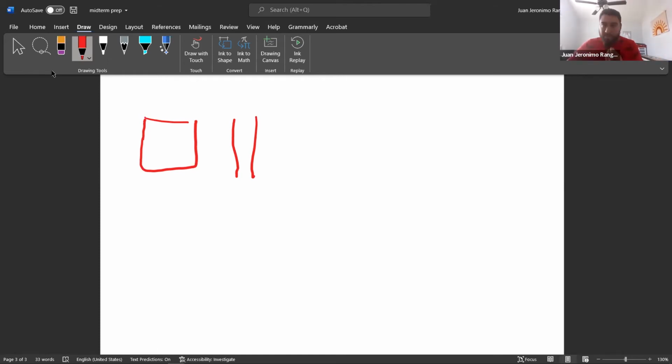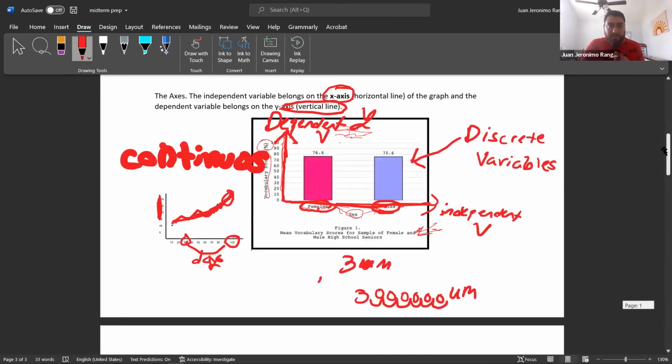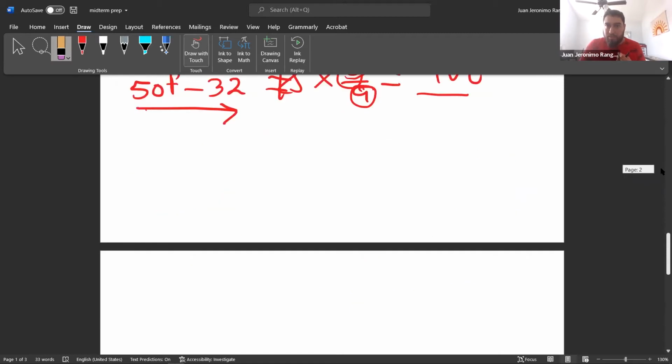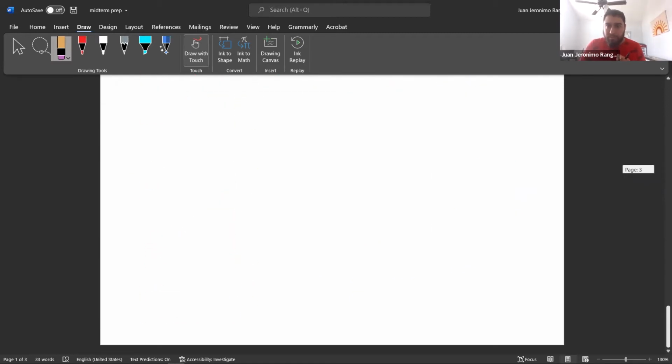Okay, also parts of the experiment. I got to go back to my graph. Well, maybe I'll just do a different graph here.